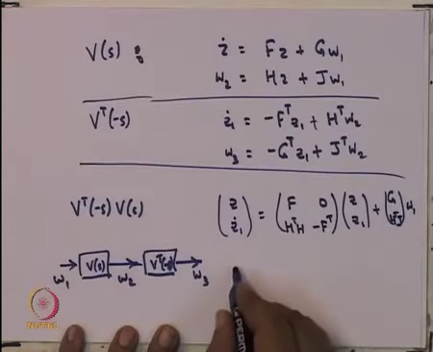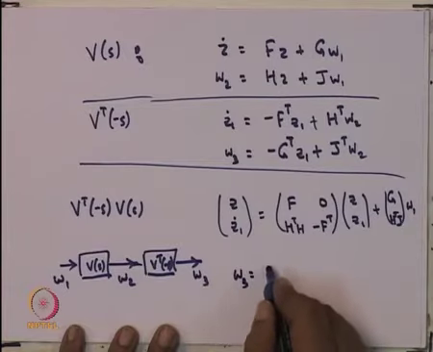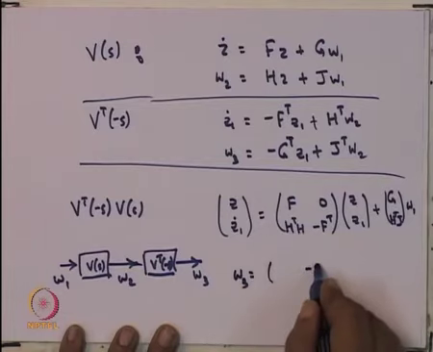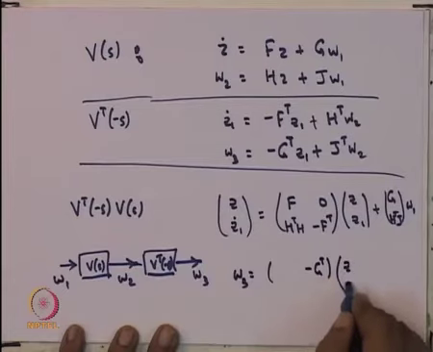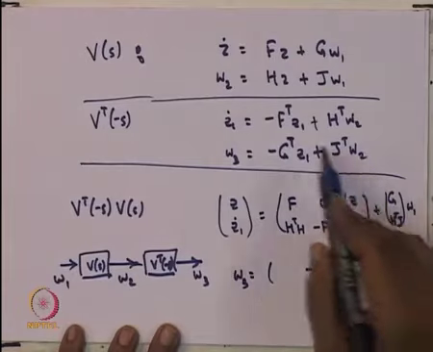And the output equation, well, W3 is equal to, I would have minus G transpose. So, this I have taken care of, and then I have J transpose W2.